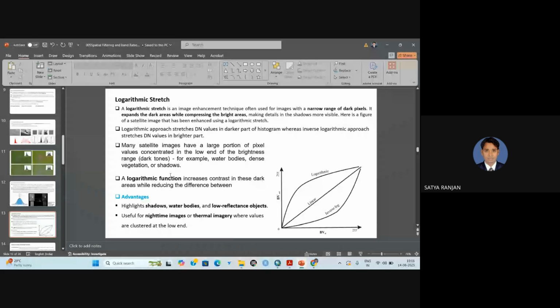The curve is defined by its mean, that is mu, and the standard deviation, that is sigma. The mean determines the center of the curve, so this is the center of the curve, and the standard deviation controls its width. In this context, the Gaussian curve represents the ideal distribution of the pixel intensity for a well-balanced image.